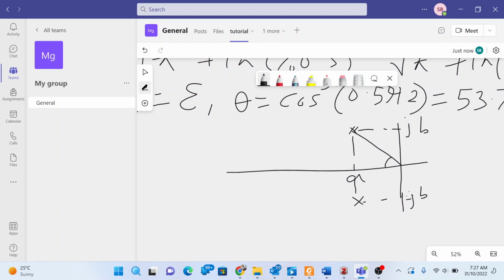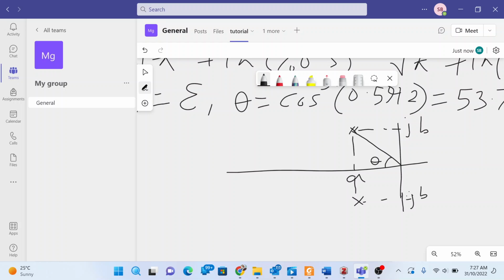That angle theta that we just obtained, this is it. So if we determine the value of A and B, then we have determined the dominant poles of the system. Since we know theta, we can use that to determine it.